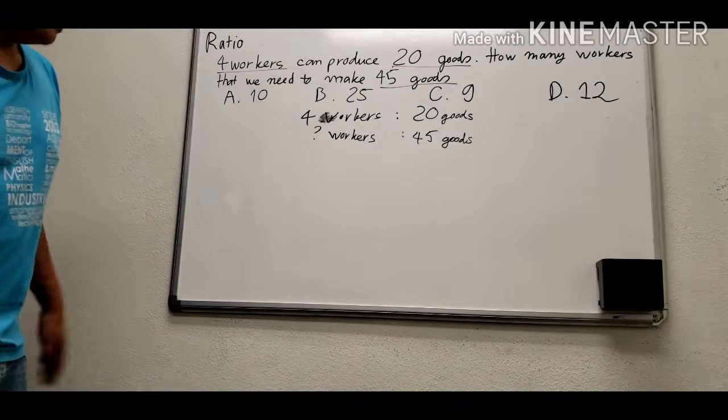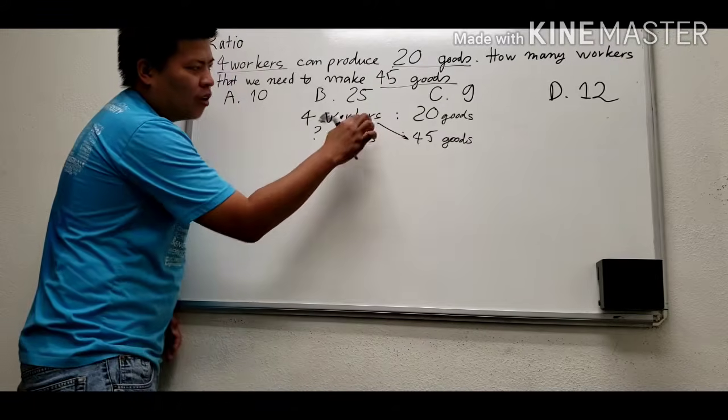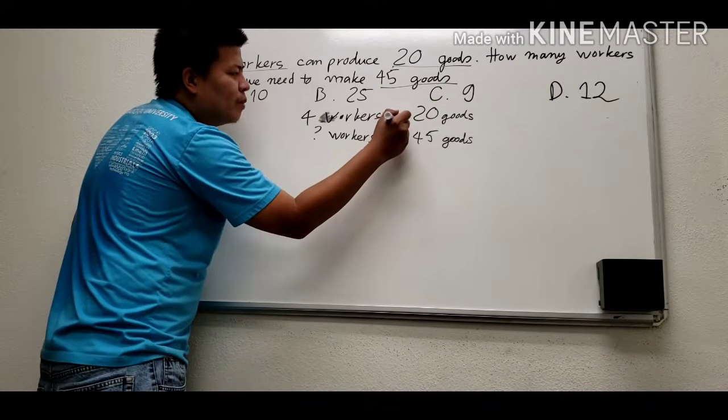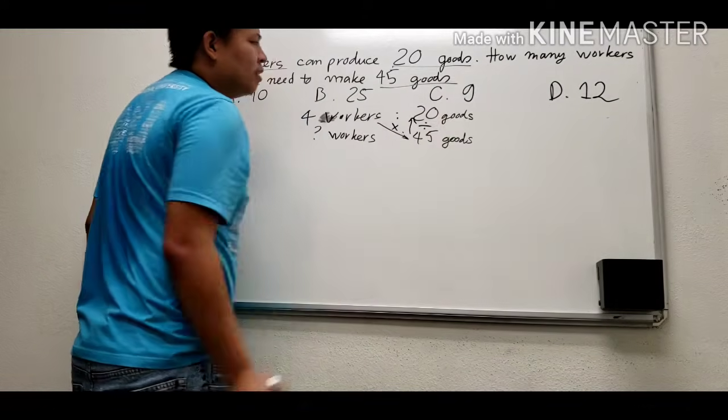To do a question like this, when we see the cross area, we just multiply. In the same area like this, we just divide.